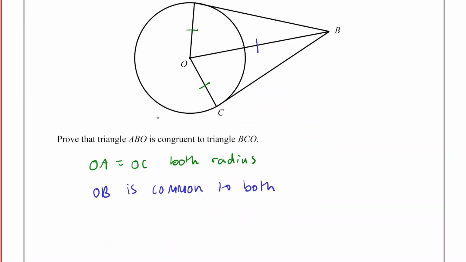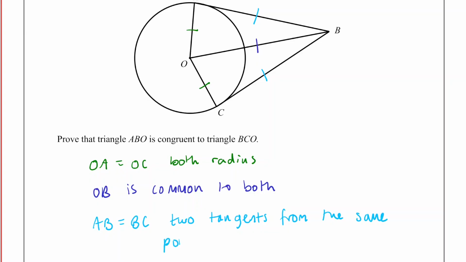And we can say that 2 tangents from the same point, AB and BC, are equal.